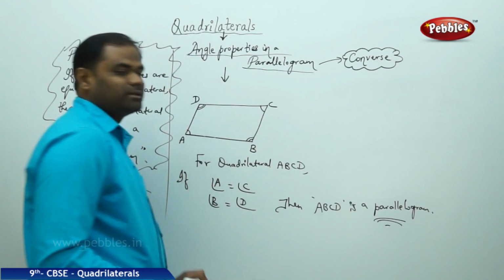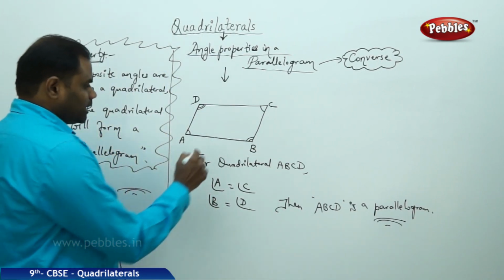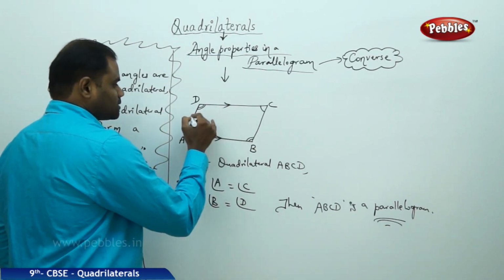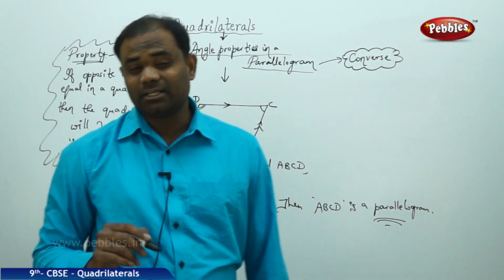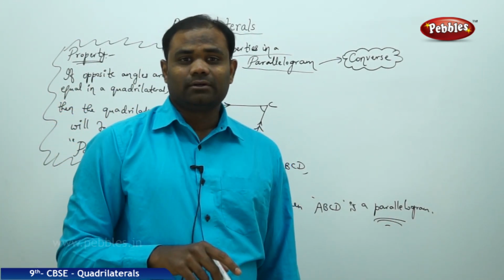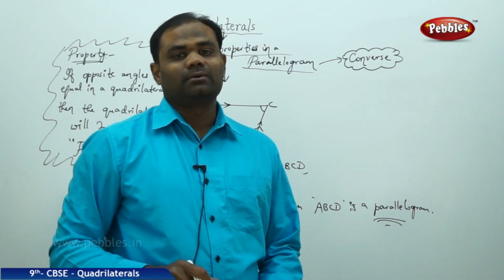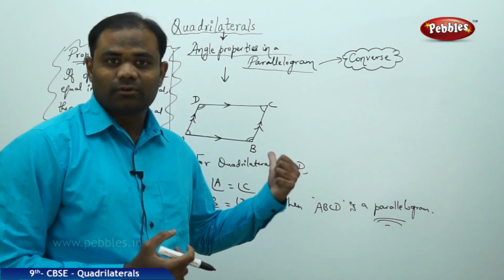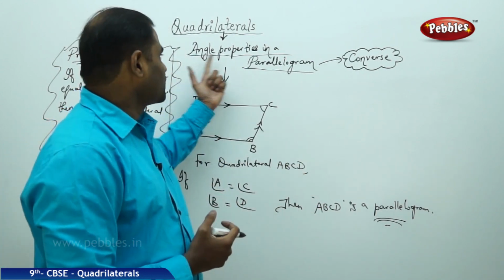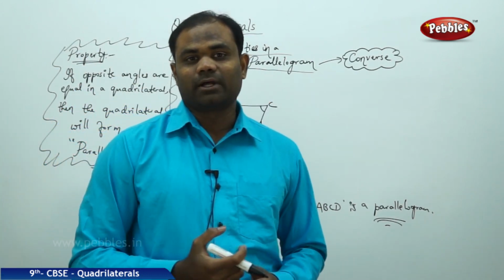That is, ABCD will automatically have its opposite sides being parallel. With opposite angles equal, the quadrilateral shifts to be a parallelogram, is how we understand the learning outcome of the converse of angle properties in a parallelogram.